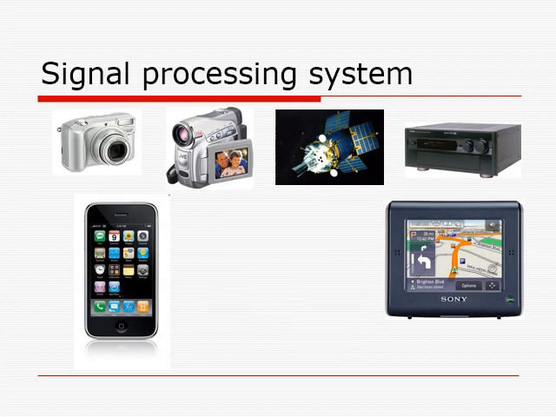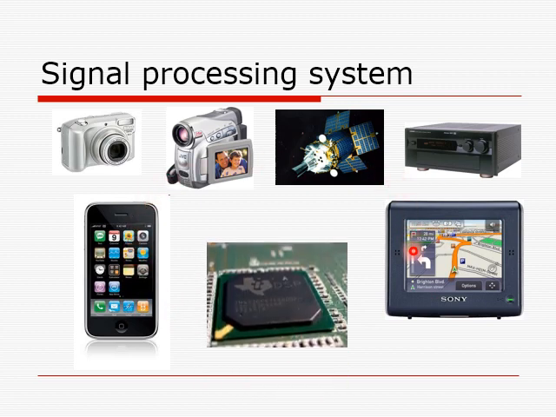Signal processing systems process signals in our daily life. For example, your cell phone, digital camera, camcorder, audio processing, music system, communication system, navigation system. So the one common thing for all those different kinds of devices and systems is that they have the same important component, which we call the digital signal processor, DSP.